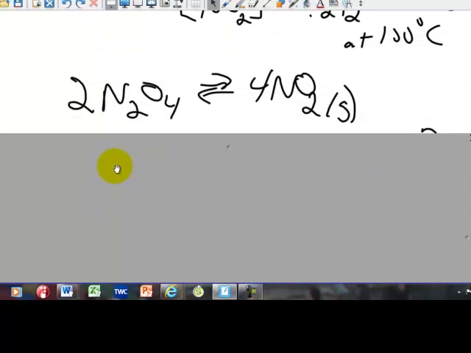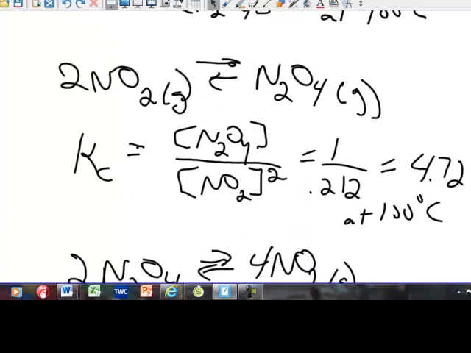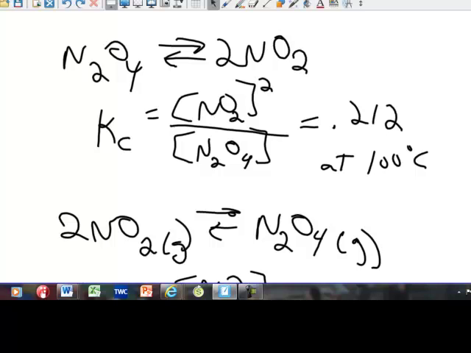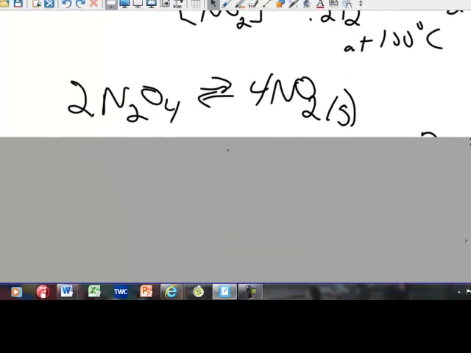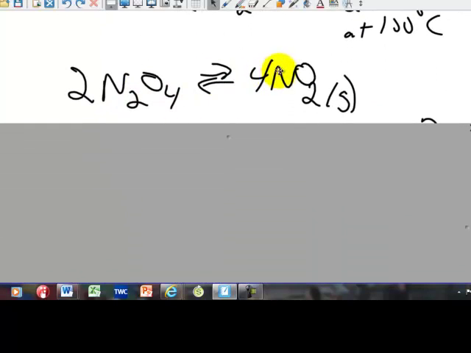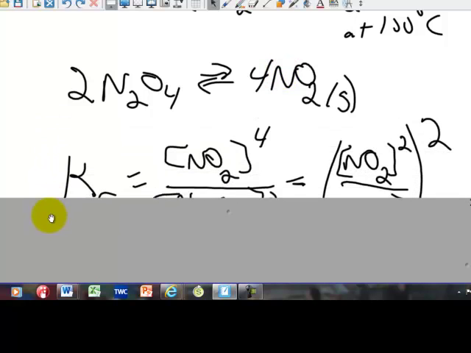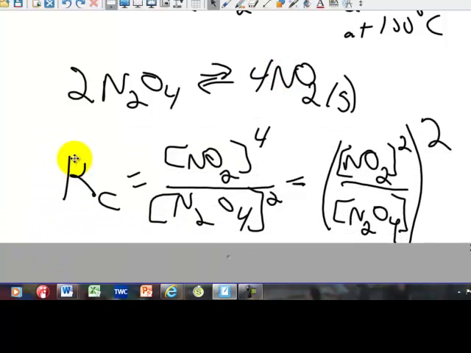It's also true that if I write 2N2O4 in equilibrium with 4NO2, you'll note that's double this guy, N2O4, 2NO2. Now I've got 2N2O4, 4NO2. Now Kc is NO2 to the 4th power over N2O4 squared, which is the old K squared.